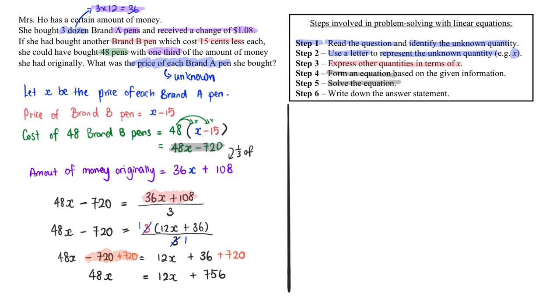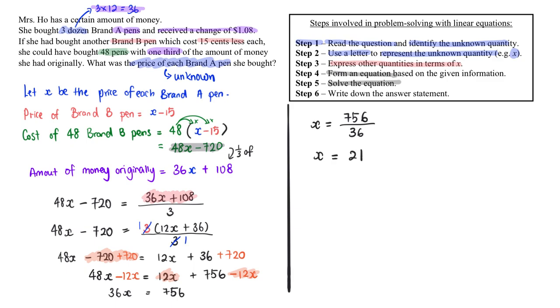I am going to minus 12x on both sides, such that 12x minus 12x equals to 0. And I will have 36x equals to 756. And moving on, I'm going to divide by 36 on both sides, so that I will be able to find my 1x.